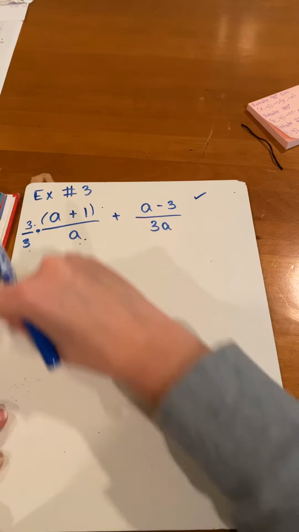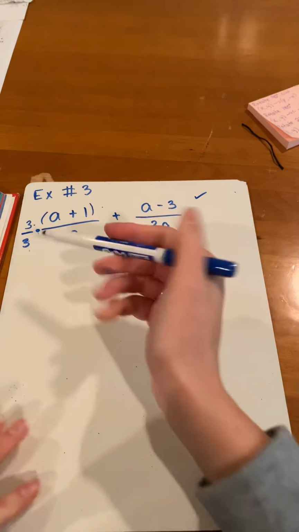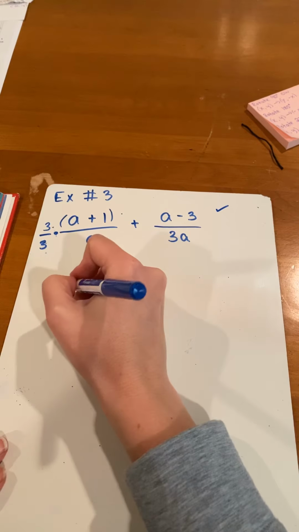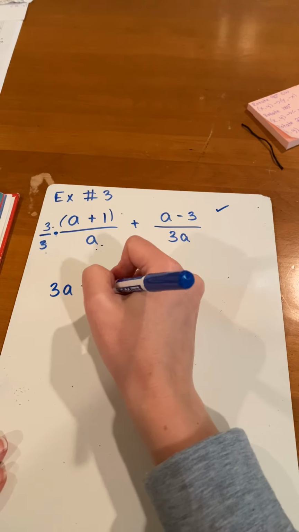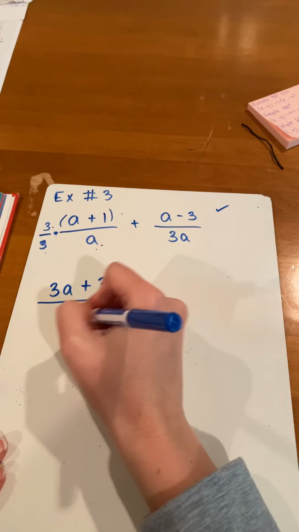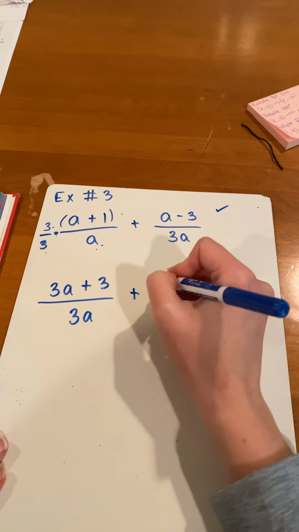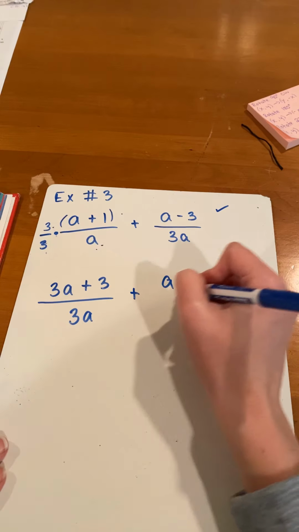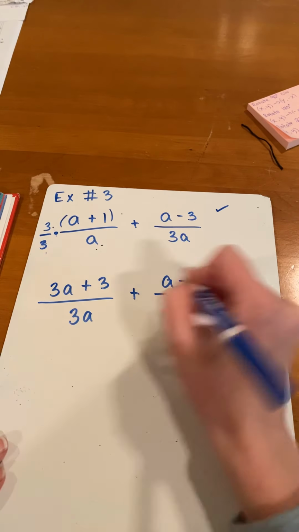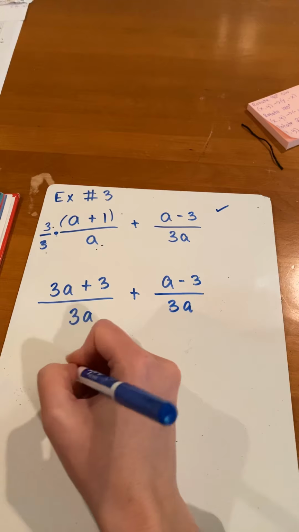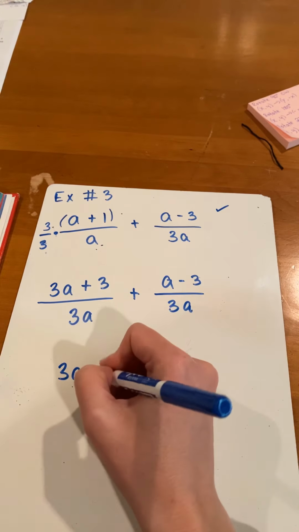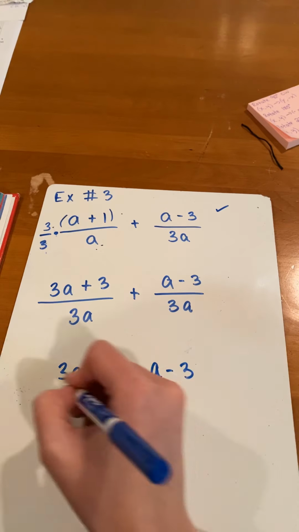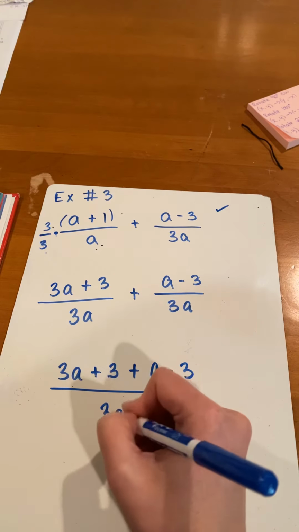So after I multiply my numerator and denominator of my left side by 3, I'm going to end up with 3a plus 3 over 3a plus a minus 3 over 3a. I have a common denominator, so now I can add them up. 3a plus 3 plus a minus 3 over 3a.